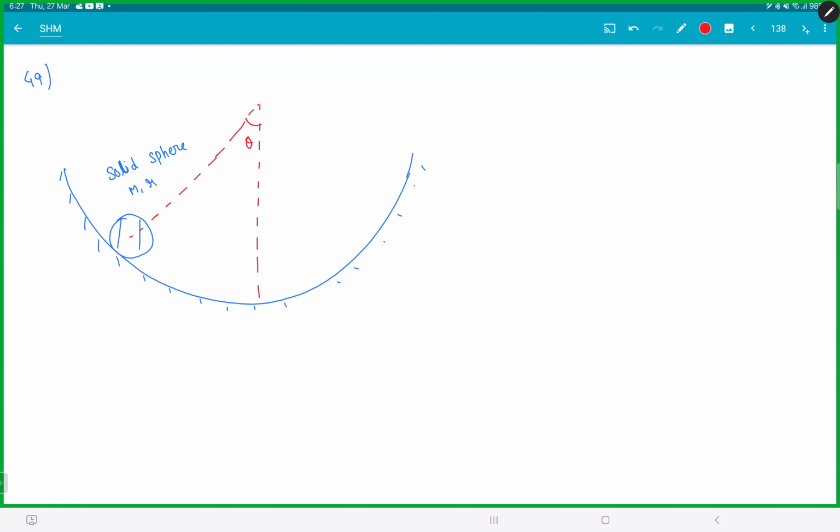You displace this by small theta, and there's no slipping here. So how will this thing go when you leave it? It will roll like this. This will be rolling on this thing, so it is rolling on a circular track. This thing is going in a circle of radius r, and the whole thing is again a radius of capital R. Find time period for small theta.